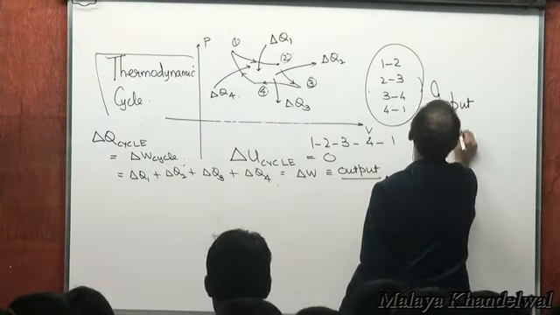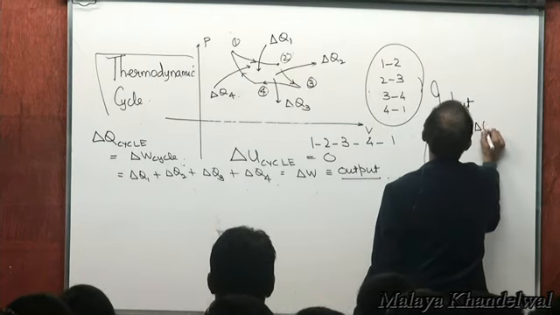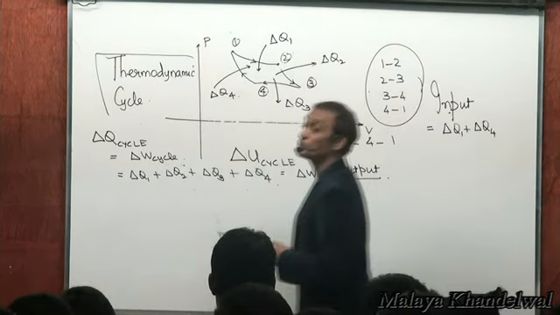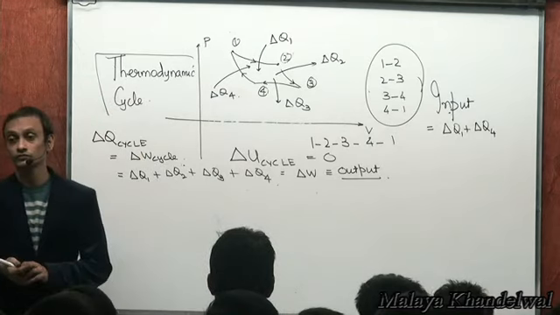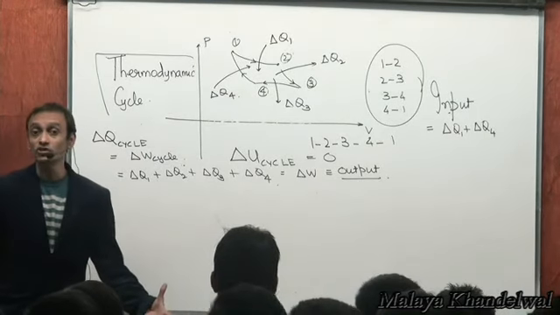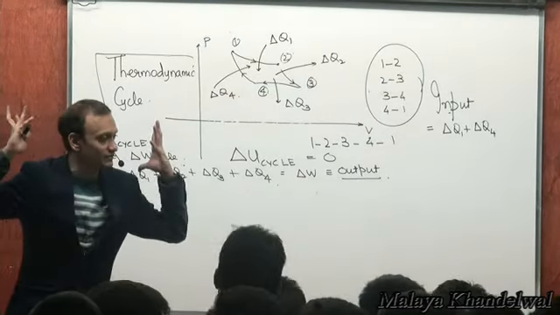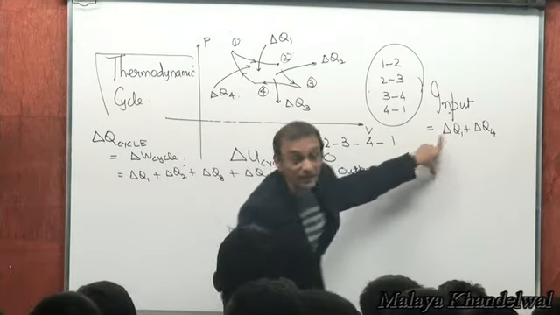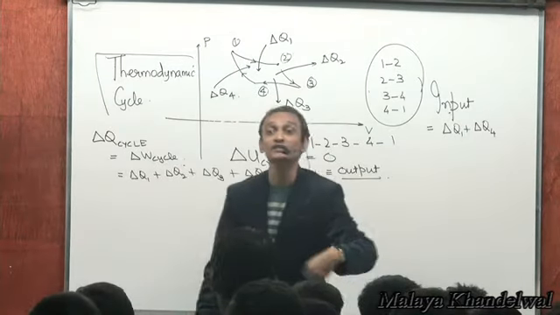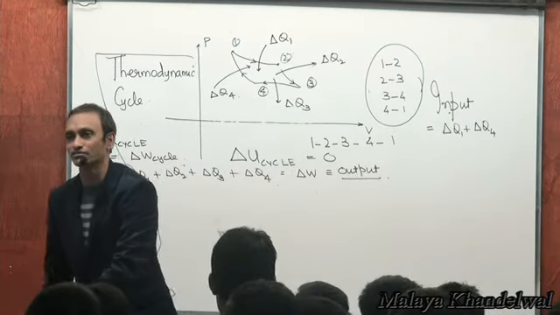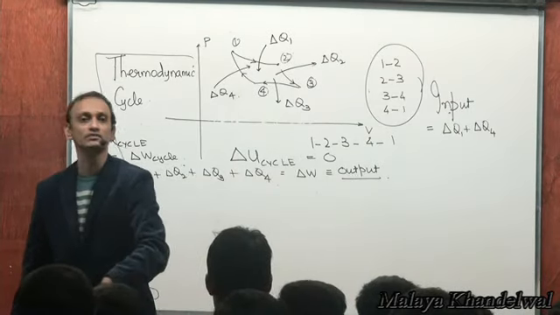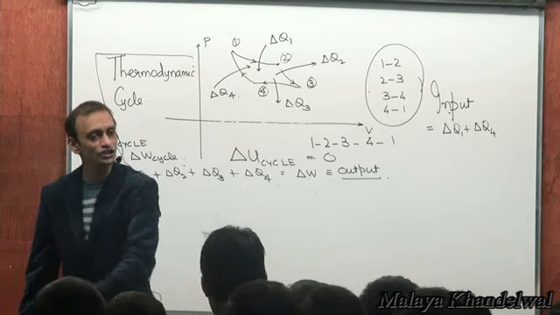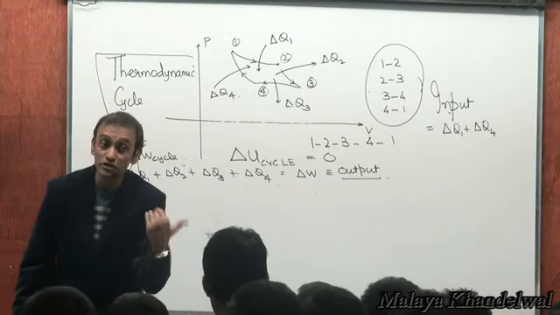In this case, that's delta Q1 plus delta Q4. And the algebraic sum of all the delta Qs is going to be the output of the cycle, whereas the sum of only the positive delta Qs will be the input to the cycle. That's the expense to run the cycle. That's the cost of running the cycle, the sum of the positive delta Qs.